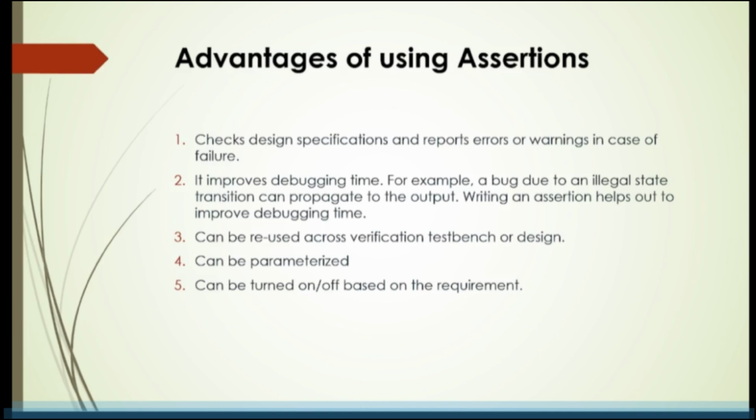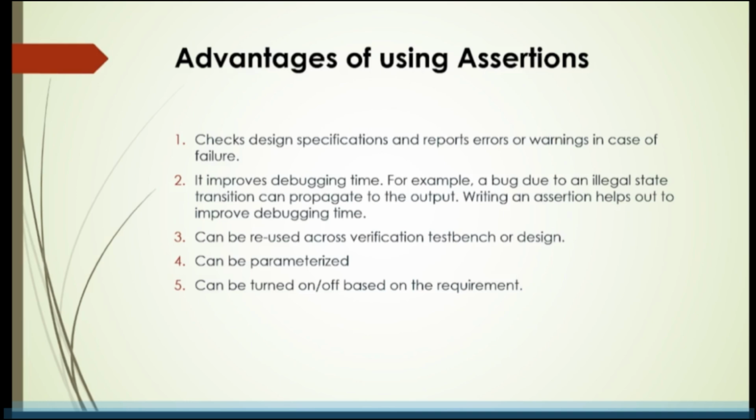So in this way it will improve the debugging time, and it will also check the design specifications and report errors. Based on the spec, for the design we will be writing some assertions, and with those assertions you can check whether there are any errors or warnings in that particular signal. Many other advantages: it can be reused across various verification test benches, and it can also be parameterized.